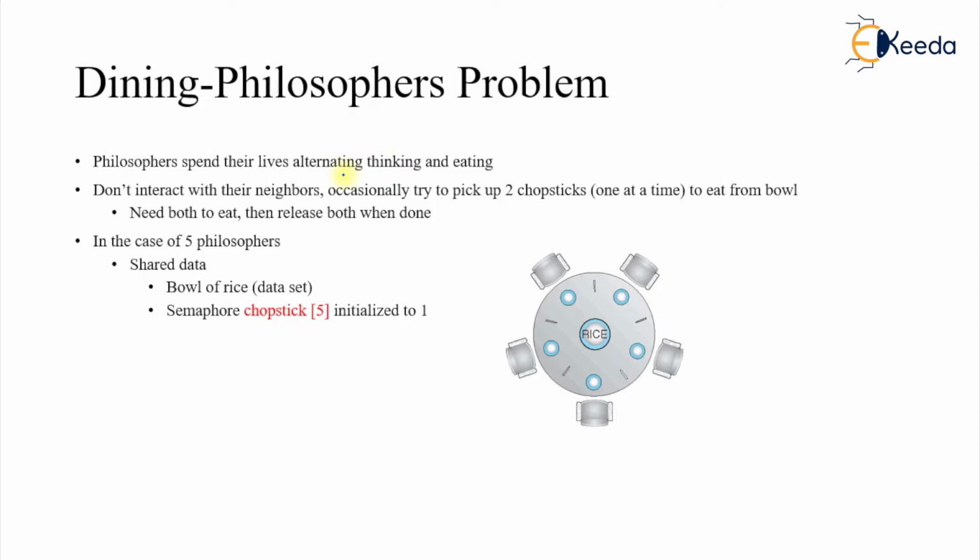Philosophers spend their lives alternately thinking and eating. They don't interact with neighbors and occasionally pick up two chopsticks, one at a time, to eat from the bowl. They need both to eat, then release both when done.